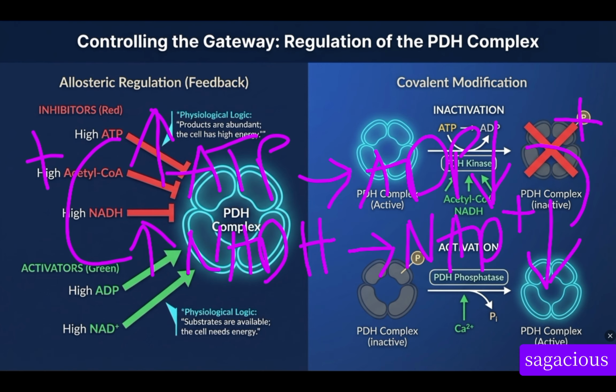Whenever ATP is high, ADP is low, because ATP signifies a high energy level in your body, while ADP signifies low energy. You cannot have high energy and low energy in your body at the same time.